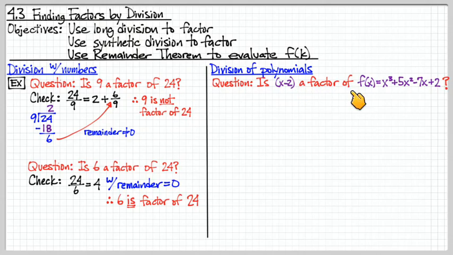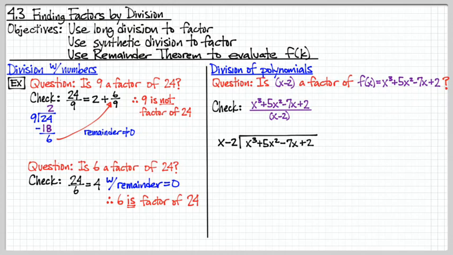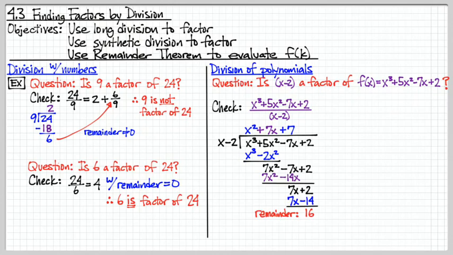Is x minus 2 a factor of this polynomial? The key question is, let's check. Let's divide these two. I'll be talking about how this actually works in just a second. But in this case, when we do the long division, we get down here and we get 16. 16 cannot be divided by x minus 2, and so we get a remainder.